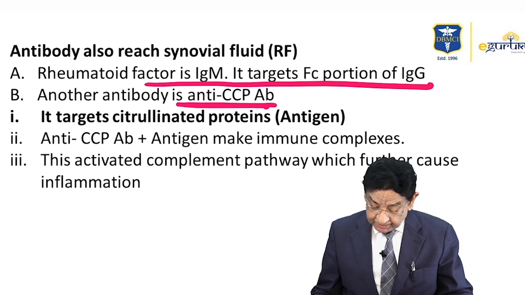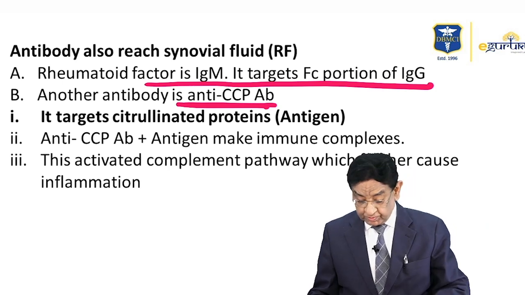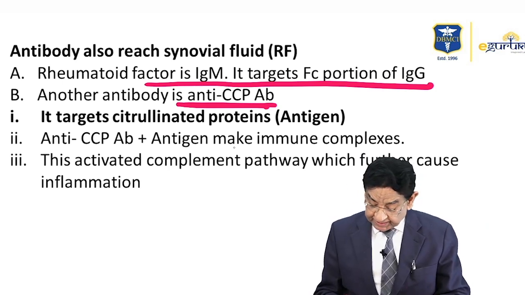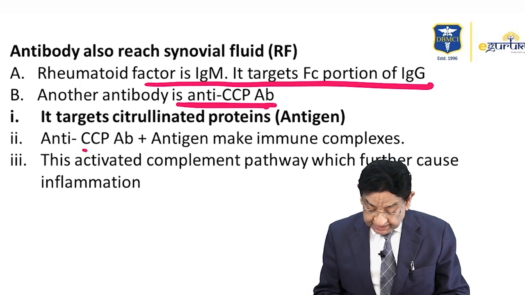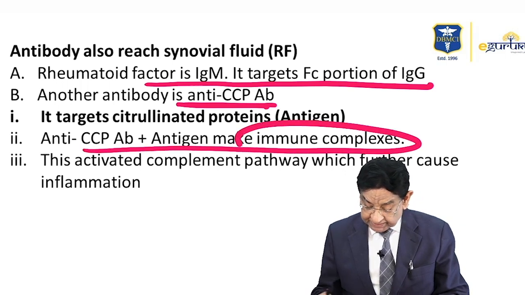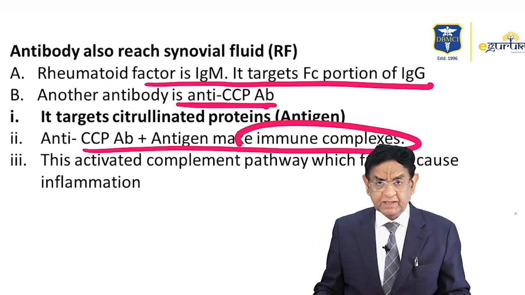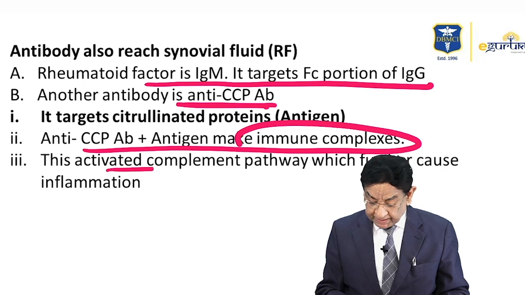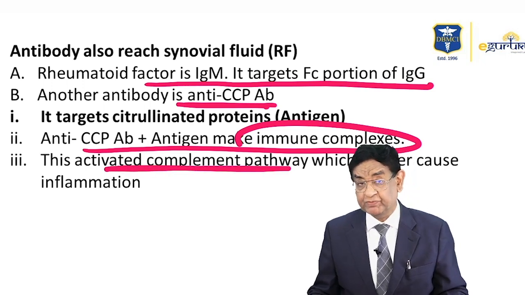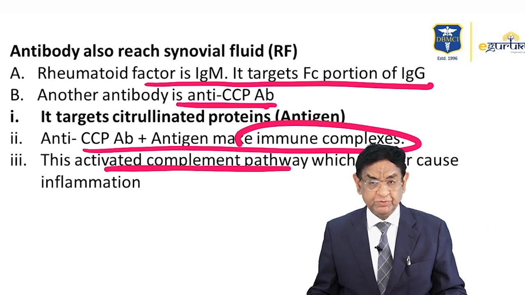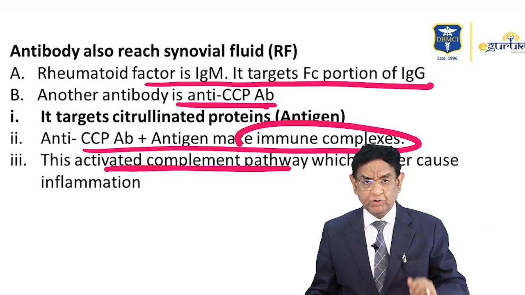Now the CCP antibody makes an antigen-antibody immune complex. So anti-CCP antibody causes the problem by activating the complement pathway. Anti-CCP antibody is again a very important question. So it is causing injury through the immune complex pathway.